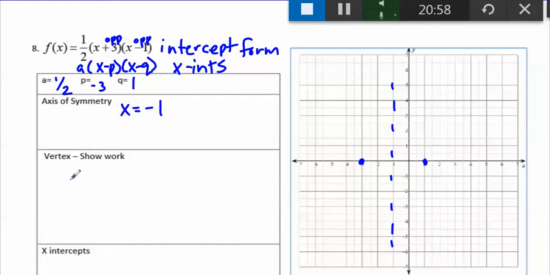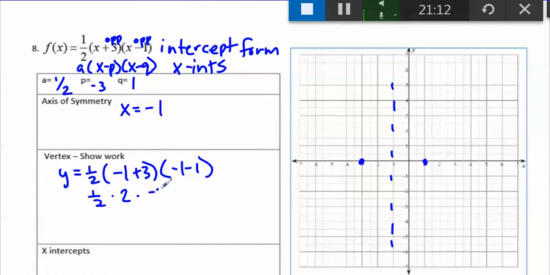So y equals 1/2 times (-1 plus 3) times (-1 minus 1), which is 1/2 times 2 times -2, which gives me -2. So my vertex has an x value of -1 and a y value of -2: (-1, -2).